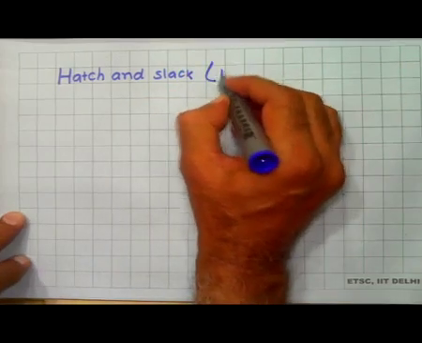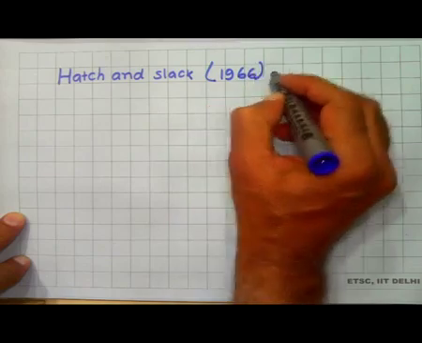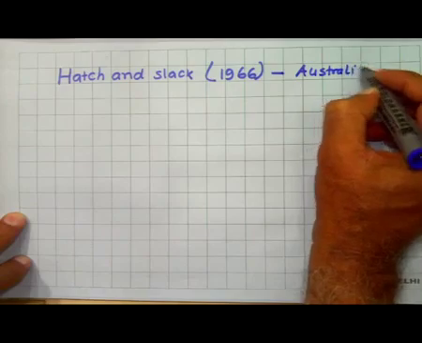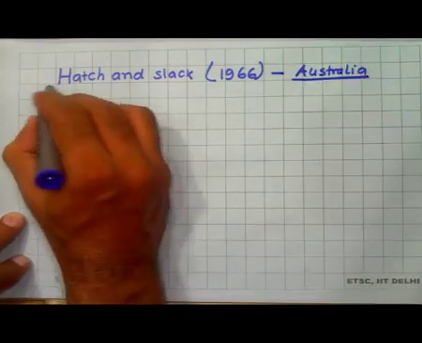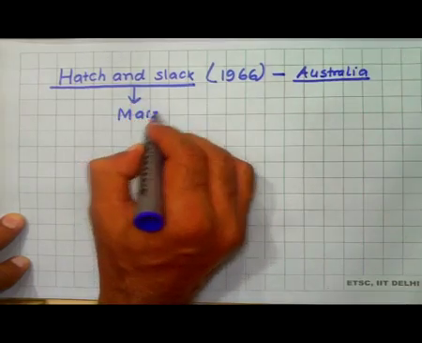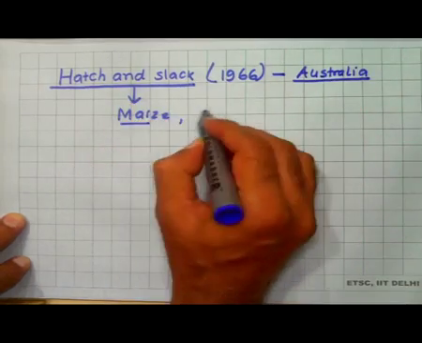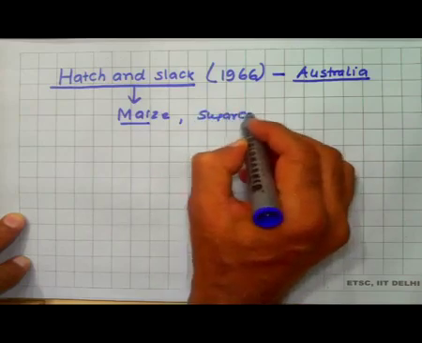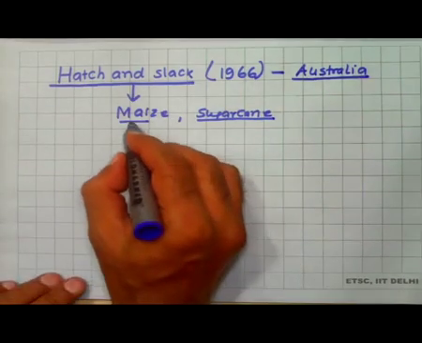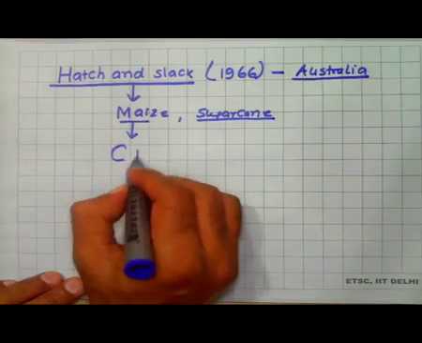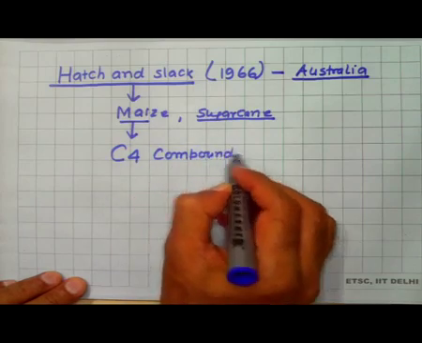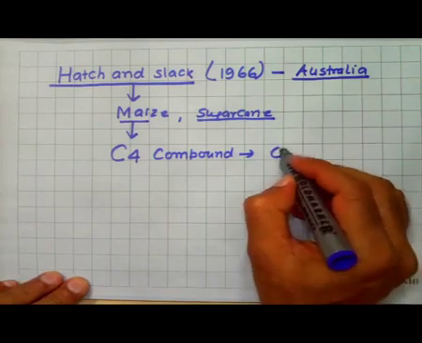In 1966 in Austria, Hatch and Slack, while working with maize or sugarcane, confirmed that the first stable product is a C4 compound, that is oxaloacetic acid.